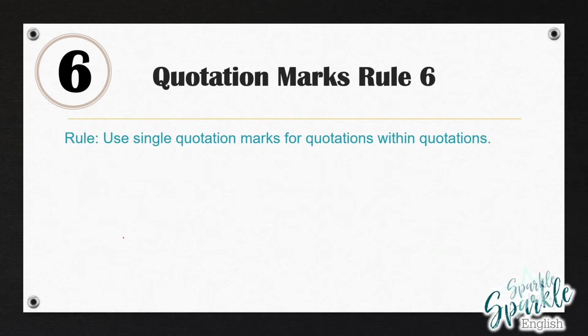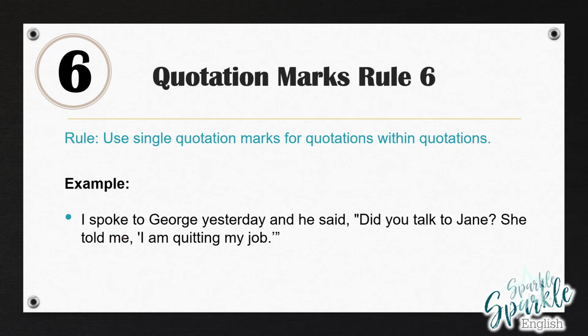Okay, and our last rule that we're going to discuss is use single quotation marks for quotations within quotations. I spoke to George yesterday and he said, "Did you talk to Jane? She told me 'I am quitting my job.'" So you can see here, the quotation we are referring to is this. Did you talk to Jane?